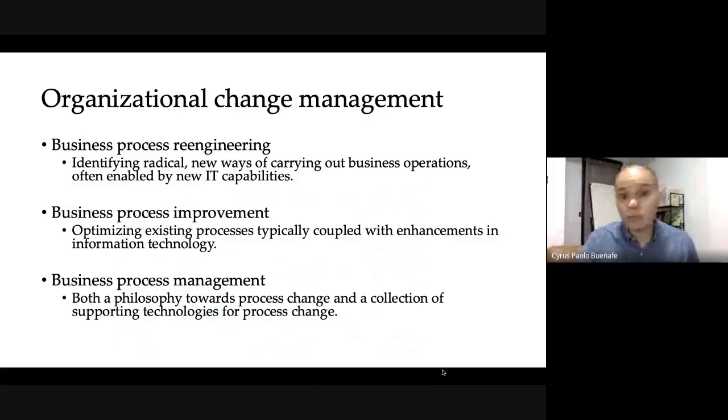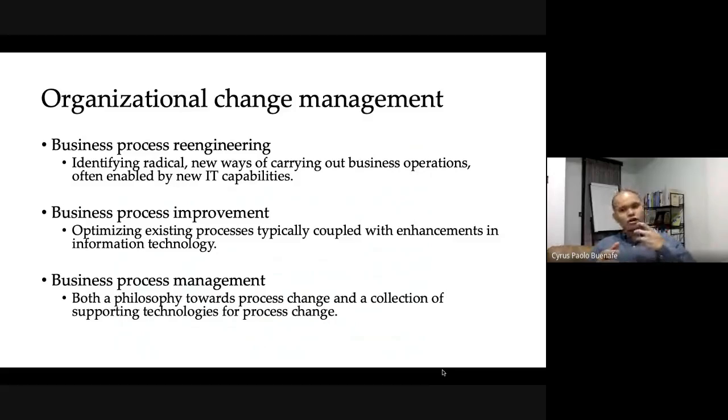Now, a more subtle way, a less complex way of doing BPR is what is known as business process improvement. So you try to optimize, tweak existing processes, okay, which are typically coupled with enhancements in IT. So it's possible that your business process already has some IT running already, and then okay, we look at ways on how we can still improve the process and improve IT at the same time.